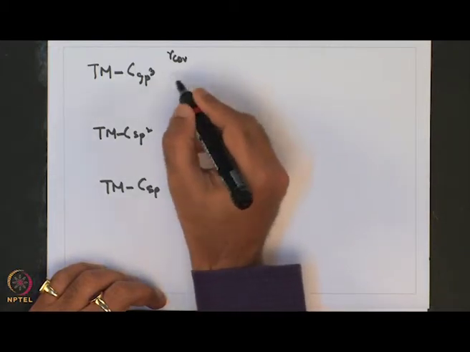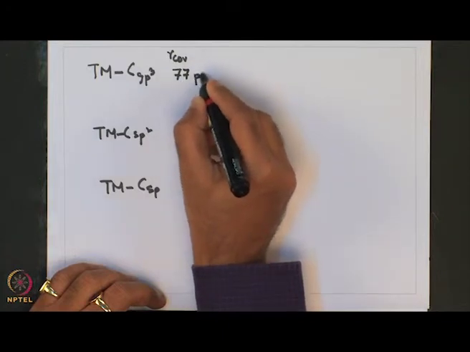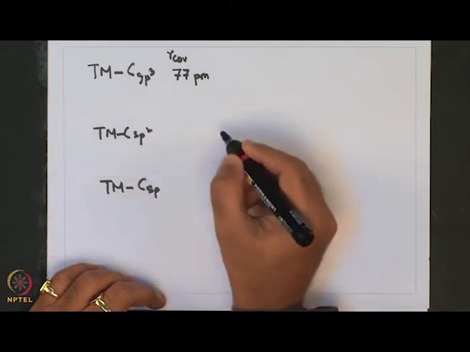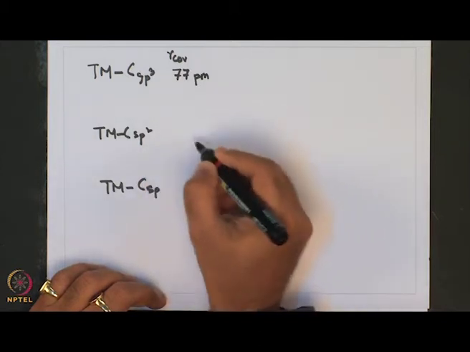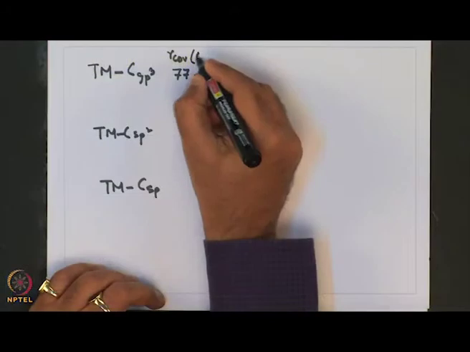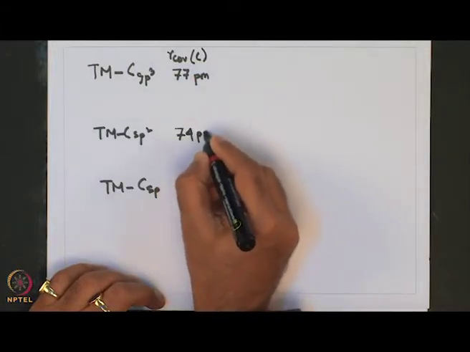For example, for sp3 it is 77 picometer, whereas in sp2, as the s character increased, the radius of carbon has shrunk to 74 picometer.